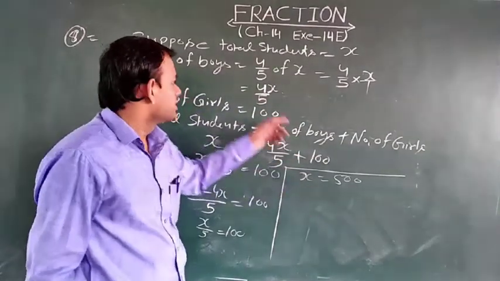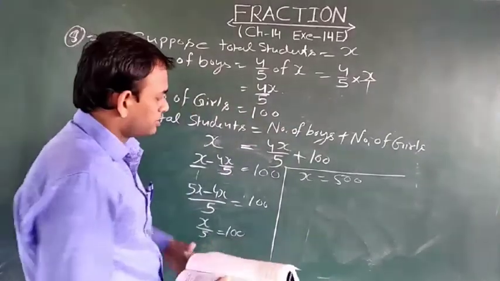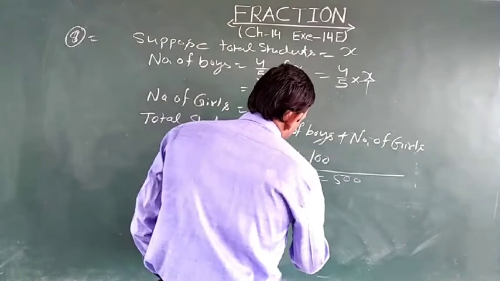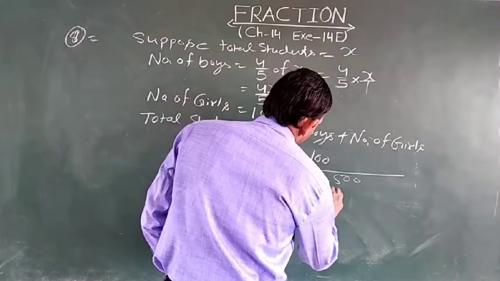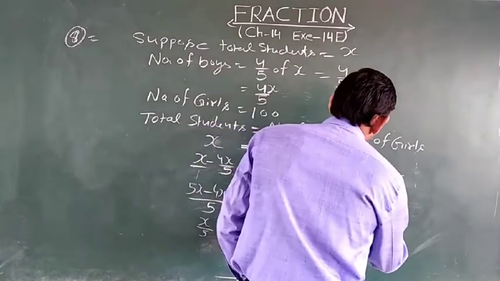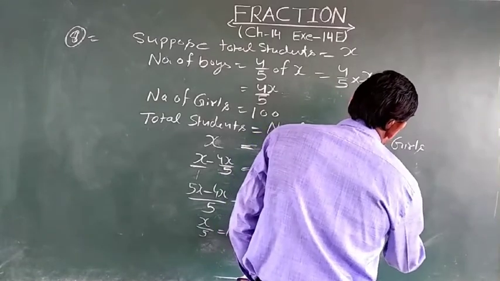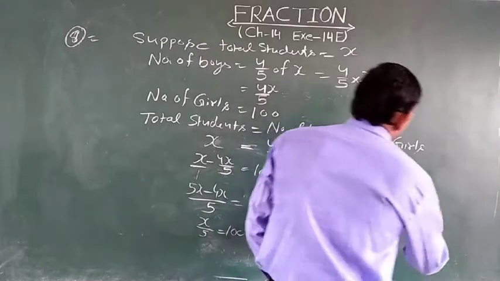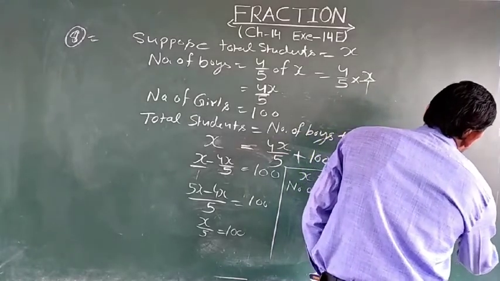Okay, so how do you find the number of boys? Number of boys is equal to total students minus number of girls.